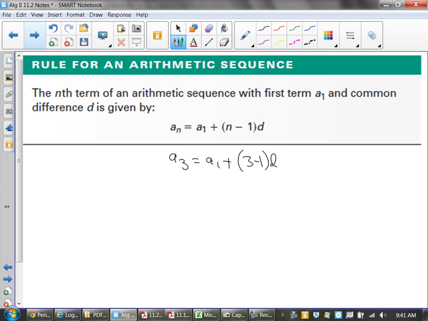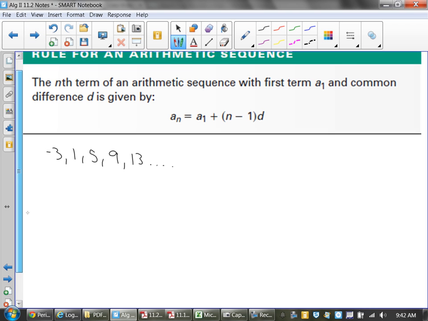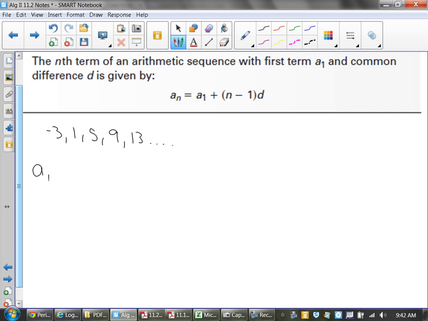If we go to the example we just had up there, it was -3, 1, 5, 9, 13. If I go to that first example, and I want to figure out what the 17th term will be within that sequence, what I'm doing here is plucking out the information.